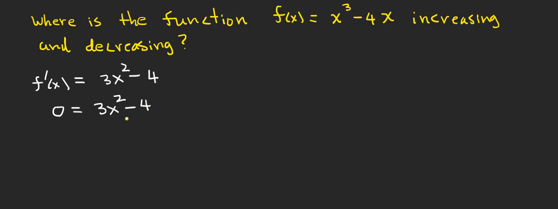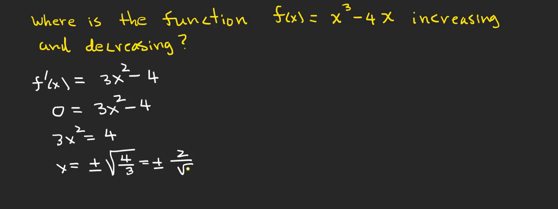So now you're going to solve for x. You get 3x squared equals 4, so x equals positive negative square root of 4 over 3. This is the same thing as positive negative 2 over radical 3.